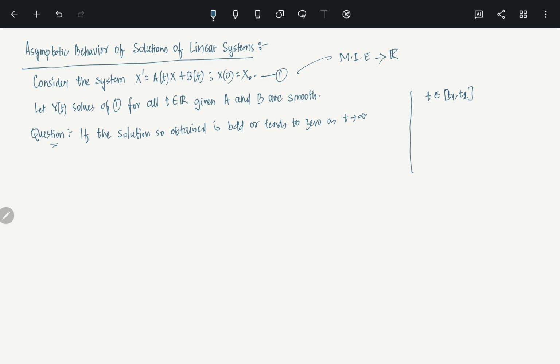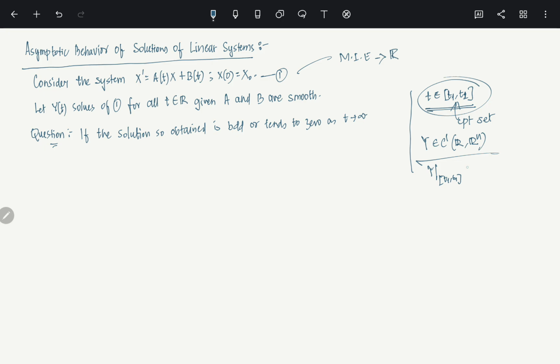The thing is this: if you are fixing t between t1 and t2, this is a compact set, right? And the solution y which solves 1 is a C1 function from R to R^n. It's a smooth curve. Now if I restrict t between t1 and t2, y is restricted to this compact set.